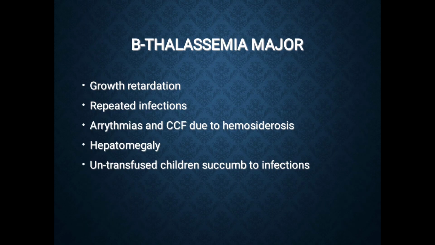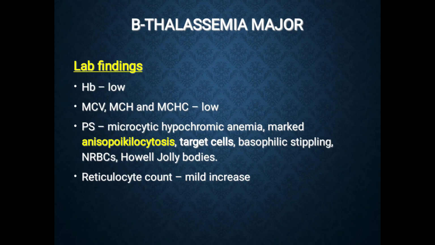In beta thalassemia there can also be growth retardation, repeated infection, and hepatosplenomegaly, like we discussed in previous slides. The common lab diagnosis here will be low hemoglobin levels and low hematocrit, that is MCV, MCH, MCHC.